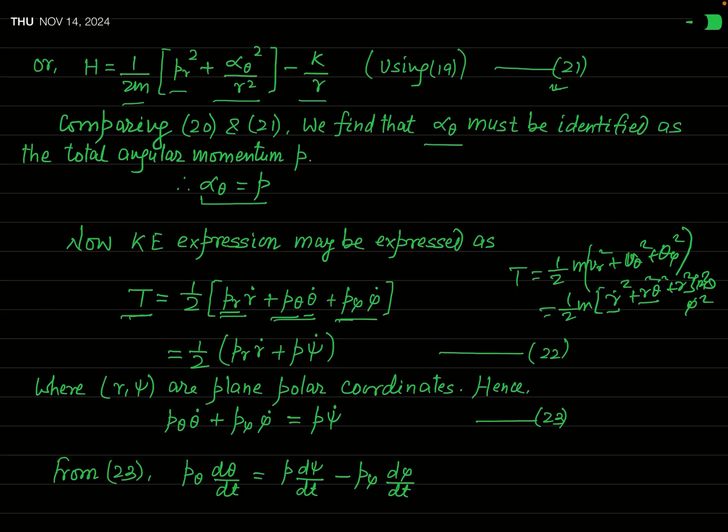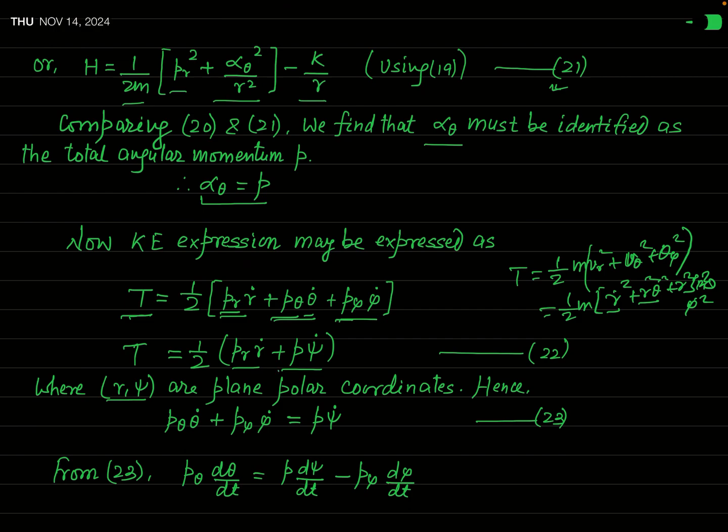But if you are talking in terms of the plane polar coordinates r and psi, then the expression for kinetic energy can be written as 1 over 2 p_r times r dot plus p times psi dot. Here r and psi are plane polar coordinates.